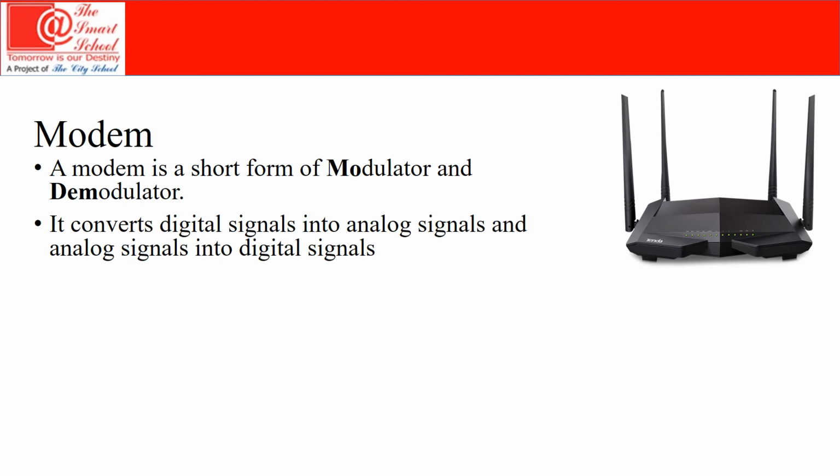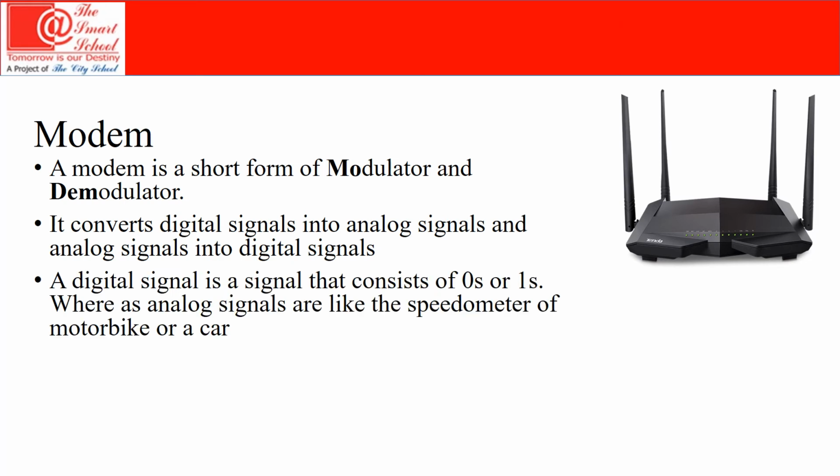When you place the modem in between the two things, it receives digital signals from the computer. It converts those signals into analog form and sends them to the telephone line. Again, when it receives any message via telephone line, it is in the analog form. It converts those analog signals into digital signals and sends them back to the computer in digital form.